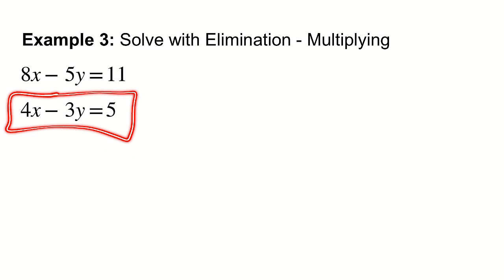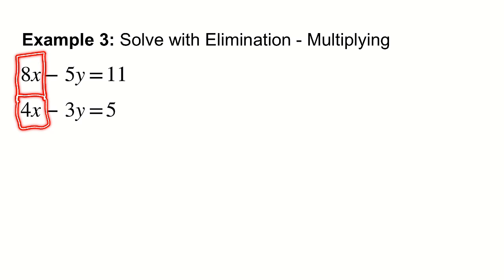In this one, we can multiply the whole equation by something so that we can eliminate our x's. Does anyone see what we can multiply by? What do I need to multiply this by so that we can eliminate our x values?